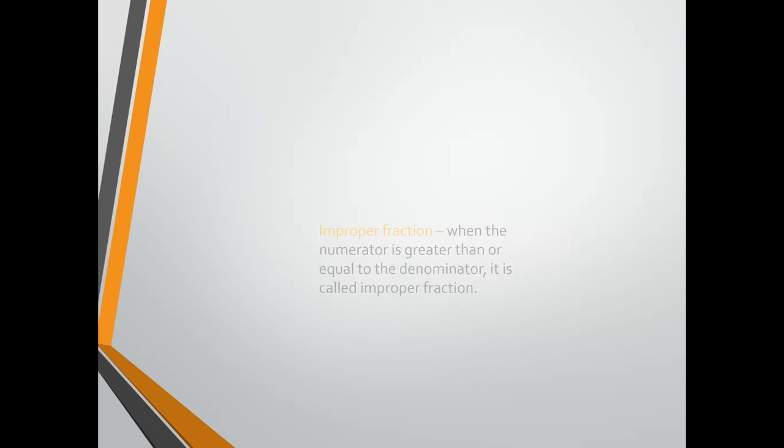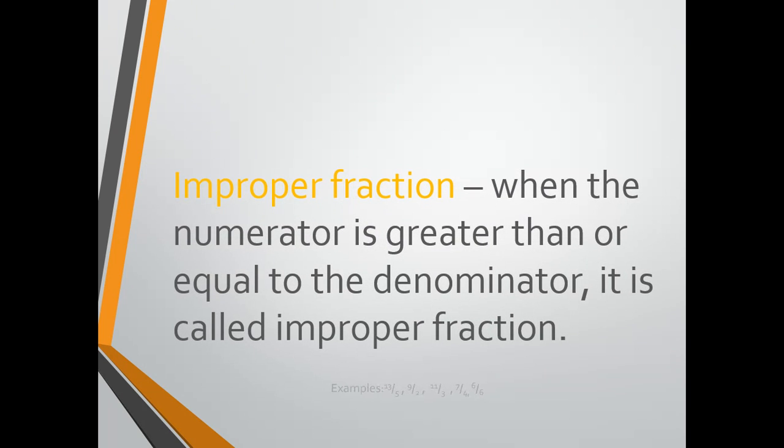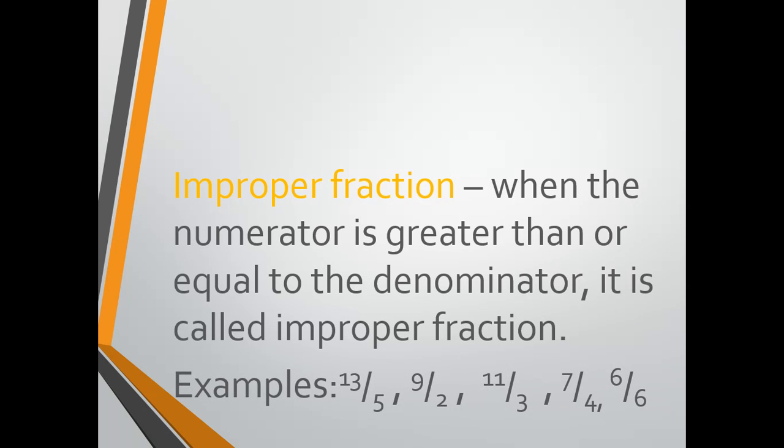Now let's see another one. Improper fraction. It says when the numerator, that's the number up, is greater than or equal to the denominator, we call it an improper fraction. Now let's see examples ourselves: 13 over 5, 9 over 2, 11 over 3, 7 over 4, 6 over 6.